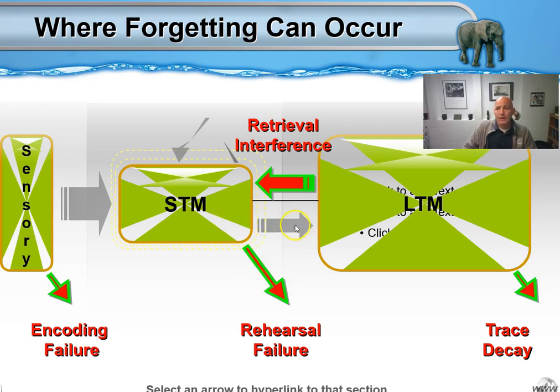The way around that is simply rehearsing it well and making sure that you have it organized and stored in your long-term memory filing cabinet. And finally, the way to prevent trace decay is simply to go back and think about things that are happening.